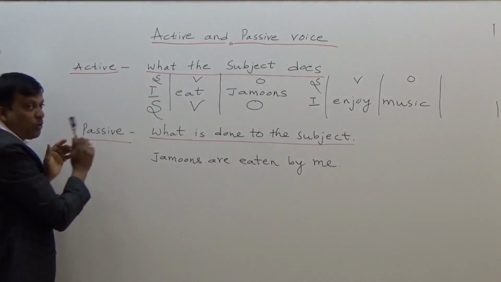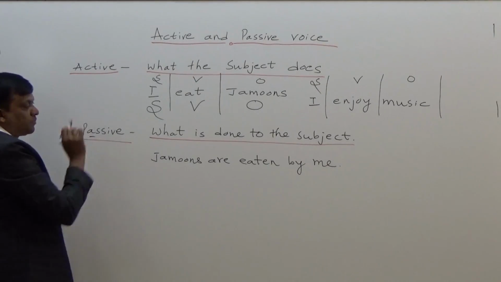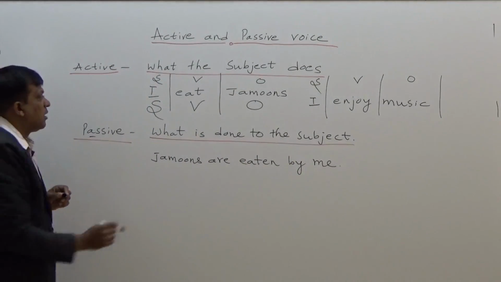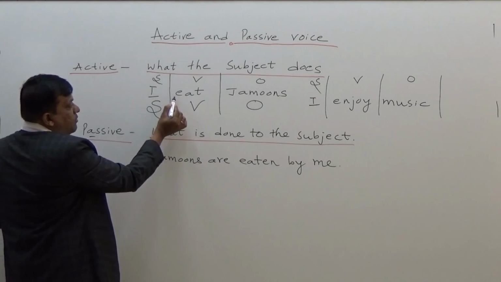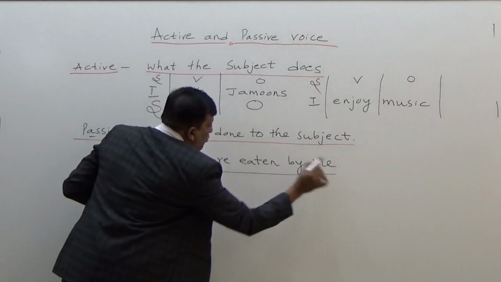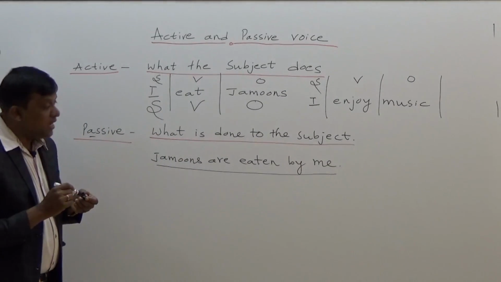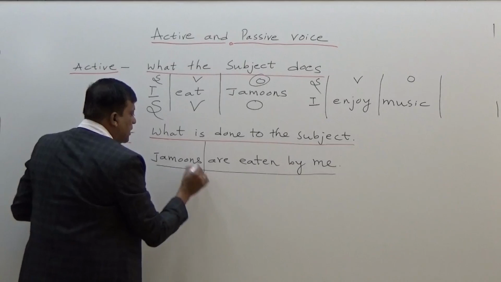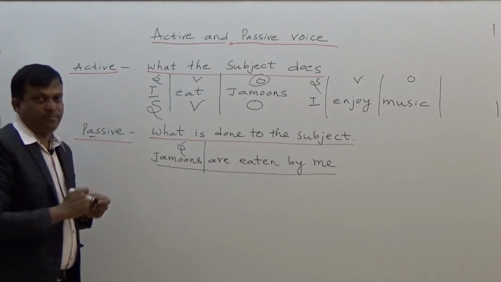Now coming to the second one, passive voice. What is done to the subject? The active sentence, I eat jamuns, becomes jamuns are eaten by me in passive voice. So the object here has become the subject.